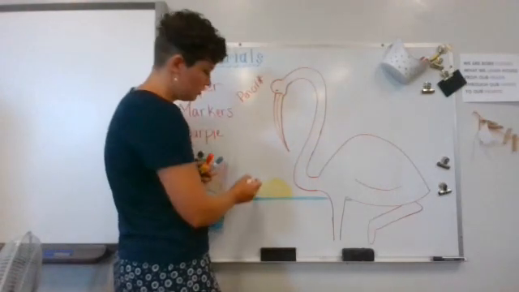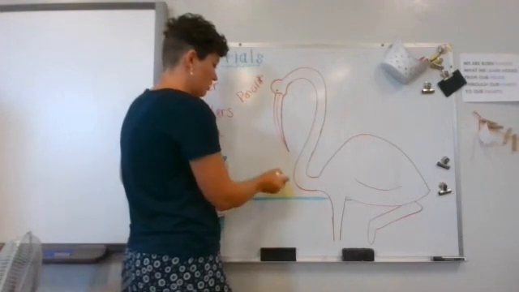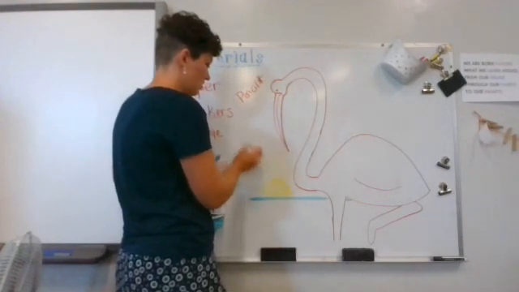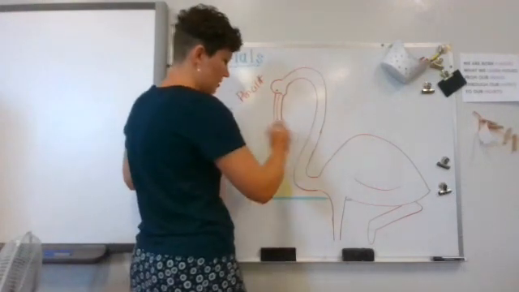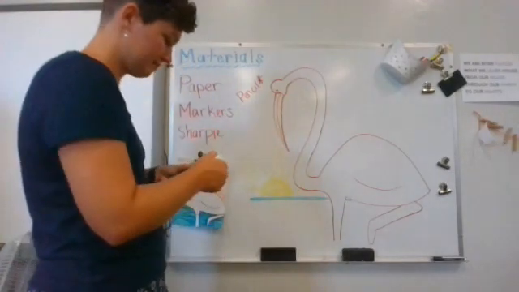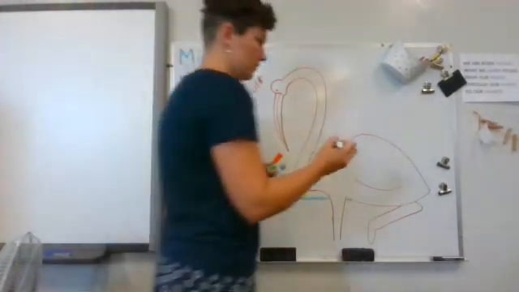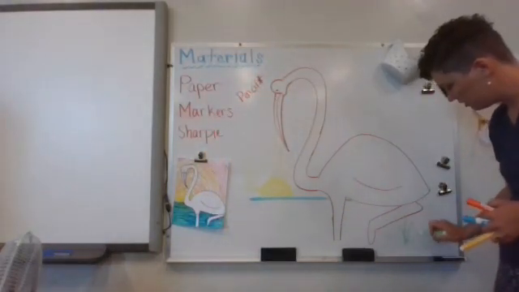And then I could do my rays coming out if I want to do it that way. Or if I want to do my lines like I did on my paper and curve them around the sun, I could do that. So over on the other side, I'm going to do a little bit of grass. And if I want to make it actually look like grass, I'm going to do lines coming up.